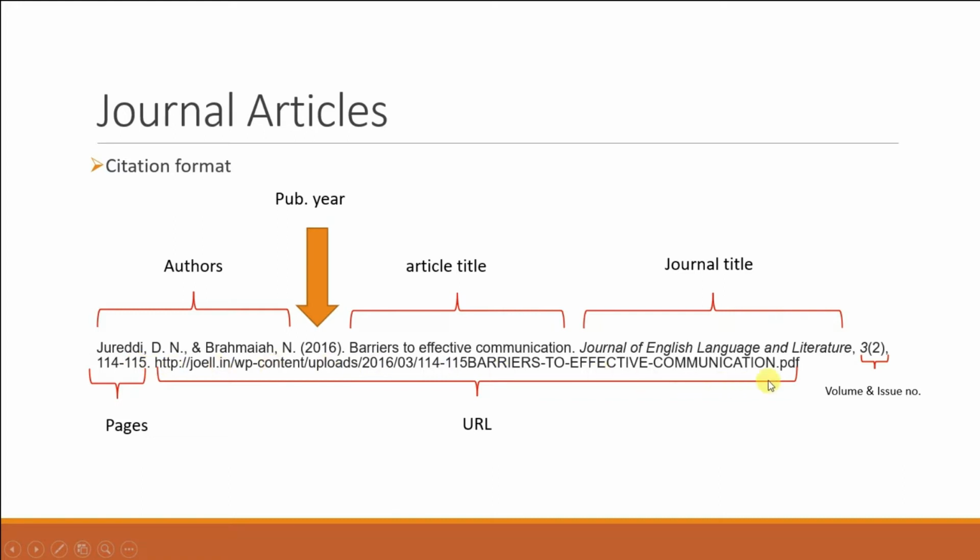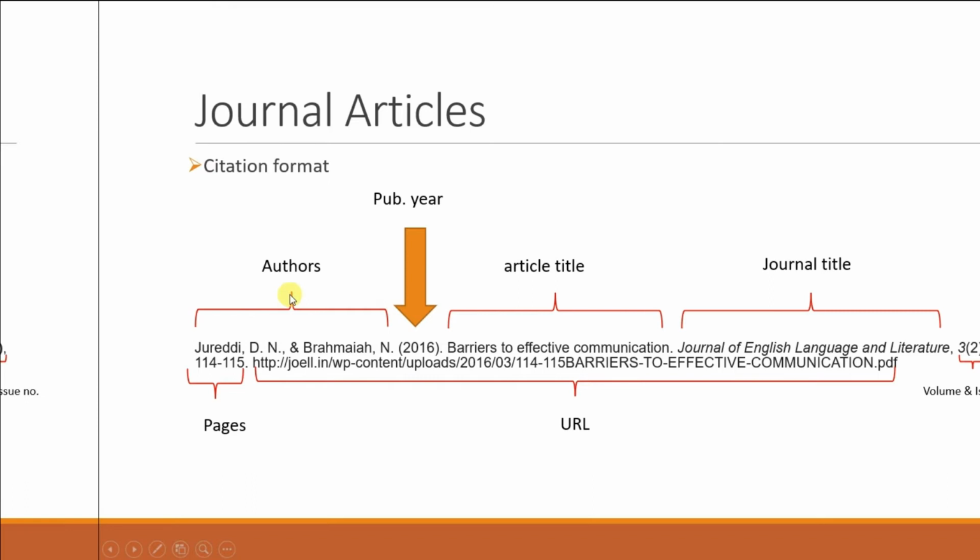As you can see, we have an example here of a citation, a reference. Each piece of information in this reference, I have identified by the type of information provided, because that is very useful when you want to understand how to cite not just journal articles but also other sources.